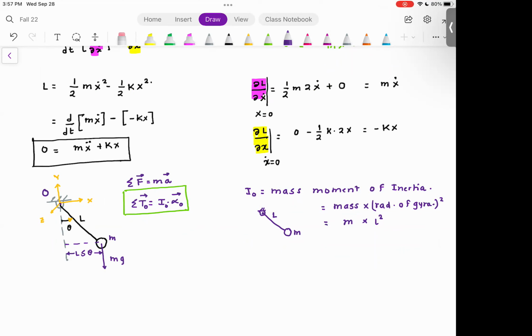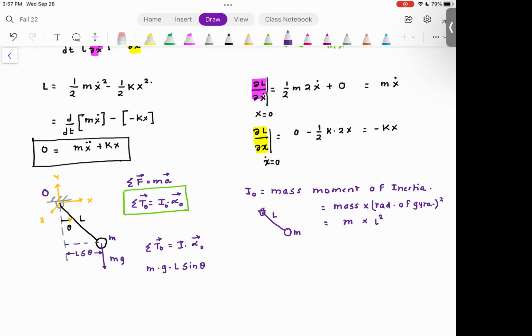So I have the summation of torques equal to I times alpha. What are the torques? Torque is M times G multiplied by L sine theta, force multiplied by lever arm.